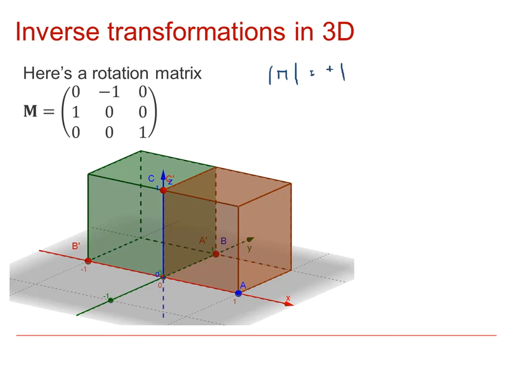And you could also check that the inverse of that, M inverse on a calculator, gives you a rotation as well. This happens to be a rotation about the z-axis by 90 degrees in an anti-clockwise direction, so the inverse matrix will be a rotation 90 degrees about z in a clockwise direction.